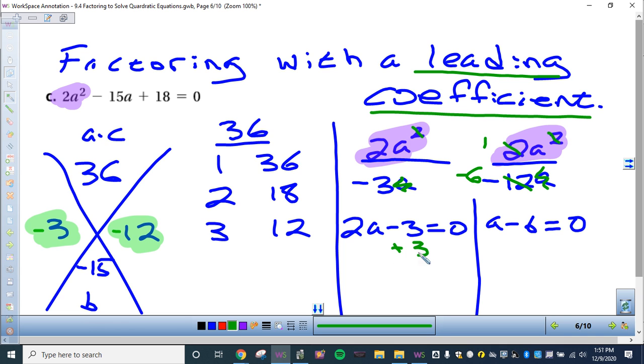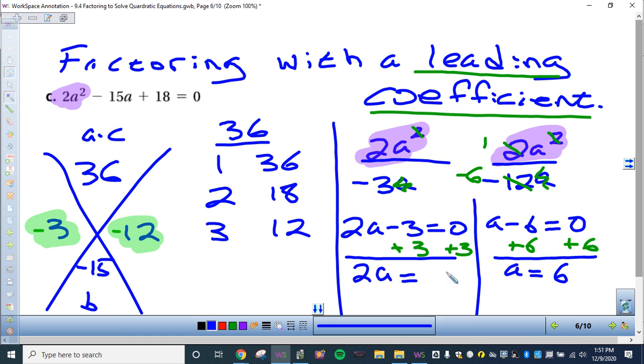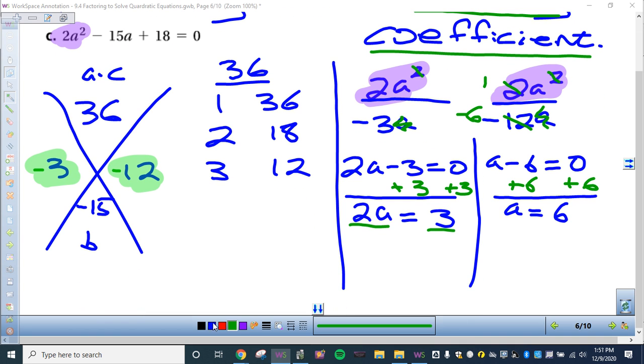I'll just show those steps. So, over here we get a equals 6. On the left we get 2a equals positive 3. And then the last step we just have to divide by 2. So we get a equals 3 over 2.